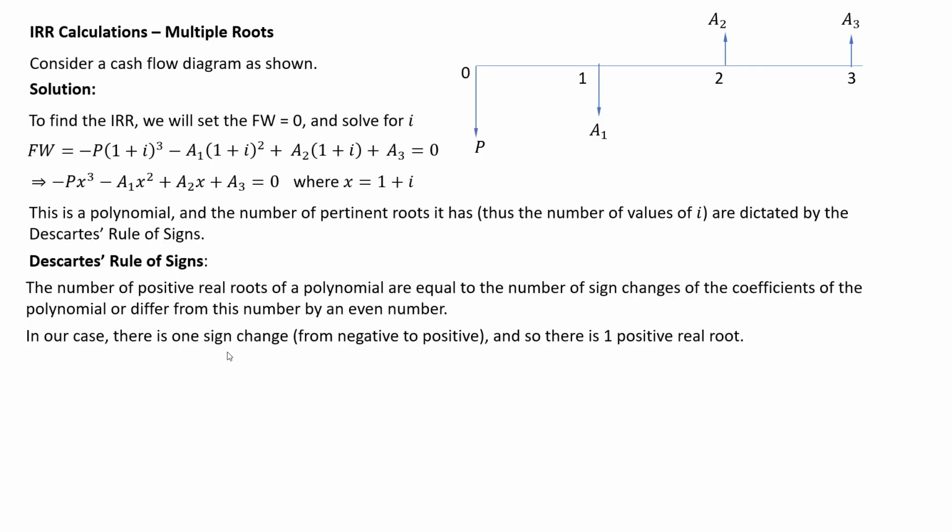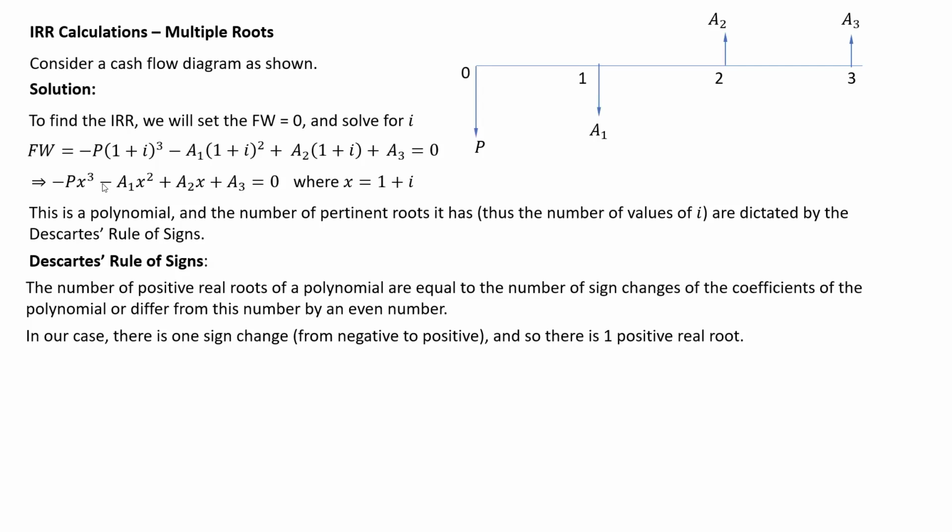But in our case, there is one sign change, right? If we apply this, notice we have a negative p and negative a, so negative and negative, good. But then when we come to the very next term, it became positive. Aha, so there is a sign change from negative to positive. And then the last one is also positive, so there is no sign change.